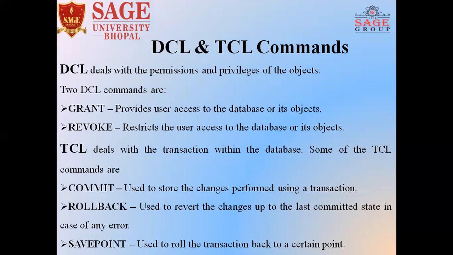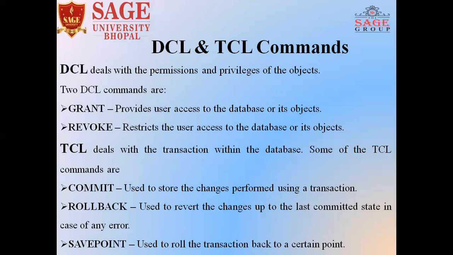The rollback command is used to revert the changes up to the last committed state in case of any error. That means if you want to save the changes in our database management system, we use the commit command, and if you want to go back to the last committed state, we use the rollback command.